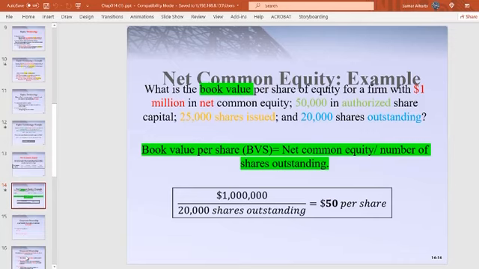This is the formula, always the same in any unit. So this is equal to this divided by this. Now if you apply the numbers that you're given in the question to this formula, this will give you $50 per share. You just apply the numbers.